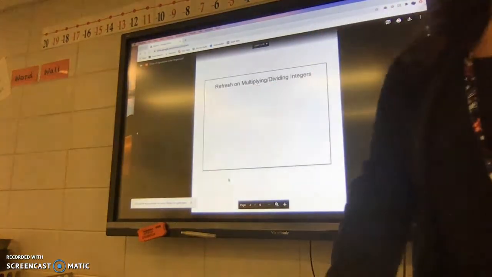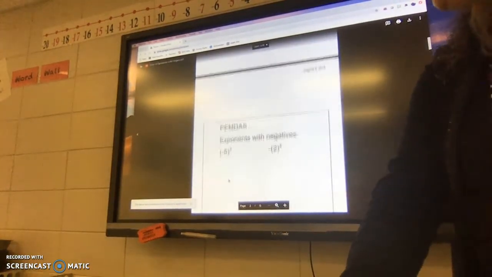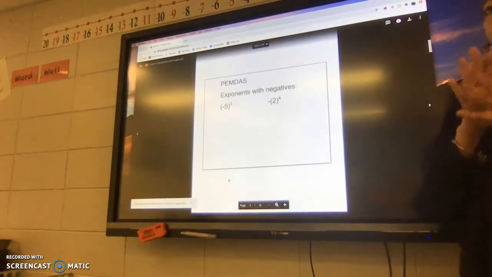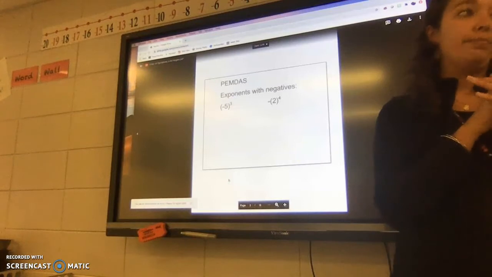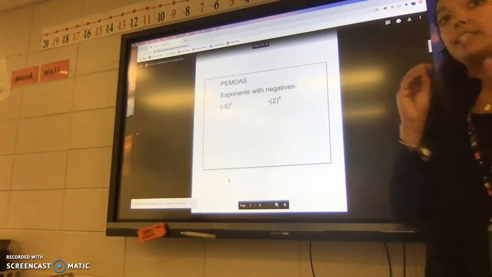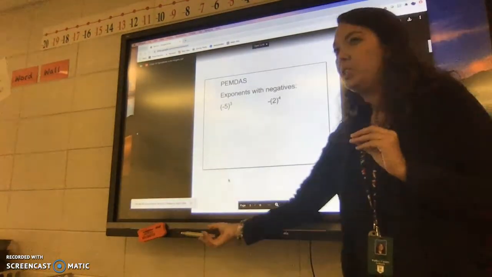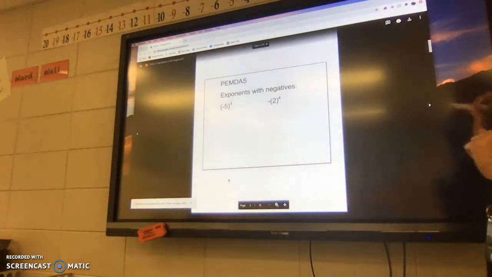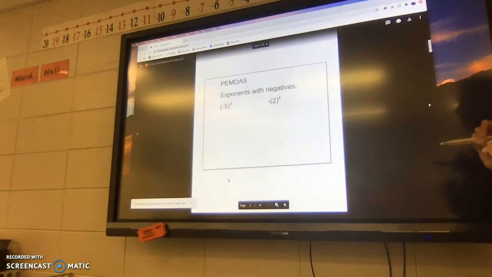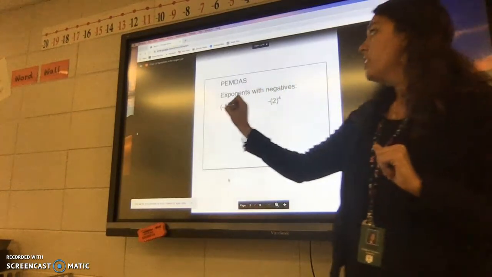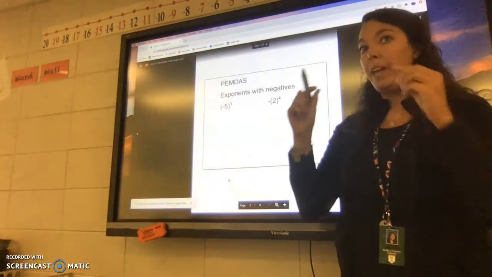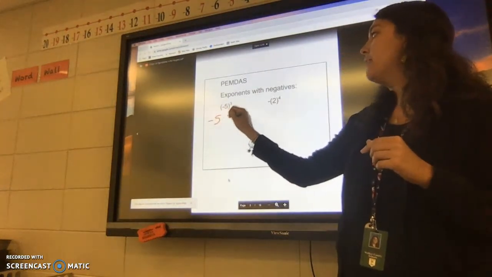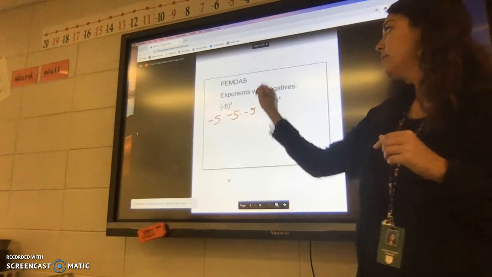Let's also review exponents. Now, these are exponents with negatives. You need to write these down because this is different. This is not just your normal positive exponents. So, when you have a negative number in parentheses, when you expand it, it is negative 5 times negative 5 times negative 5.